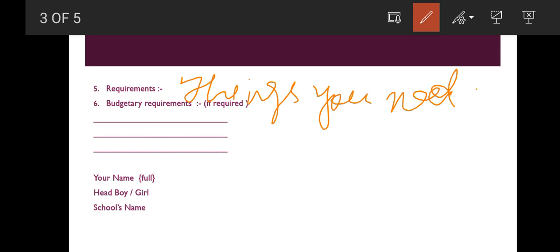If the topic is one in which budgetary requirements are needed, you have to write that budgetary requirements are needed.